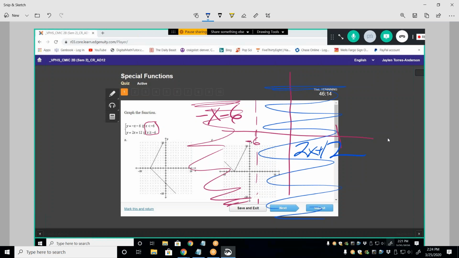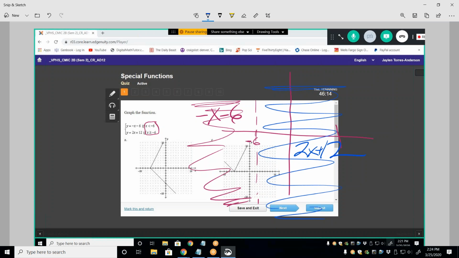Okay? So we have this graph here that I've put the x-axis and the y-axis on in red, and I've drawn a vertical line through the -6, and we have 2 sections. We have the section to the left, and we have the section to the right of that dotted line. Okay?